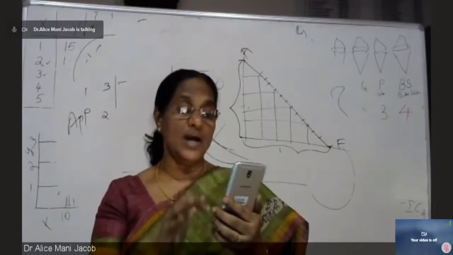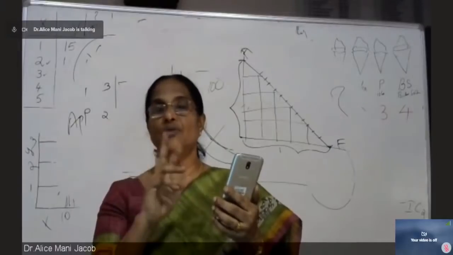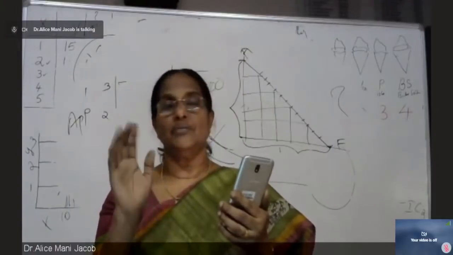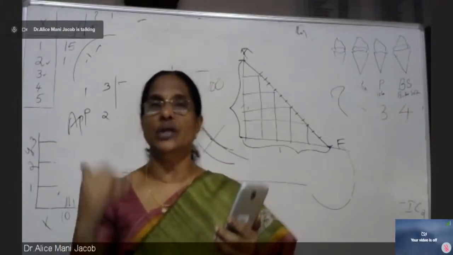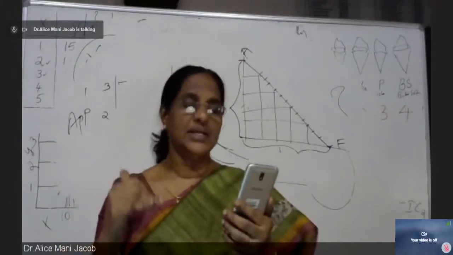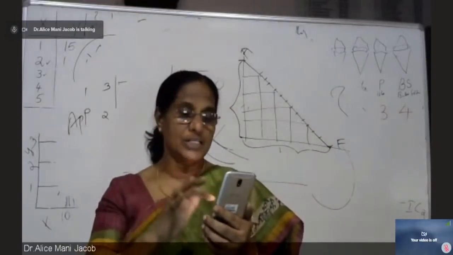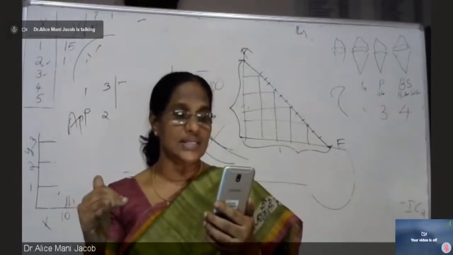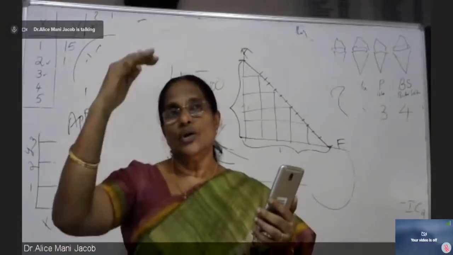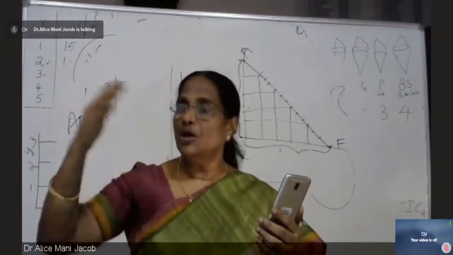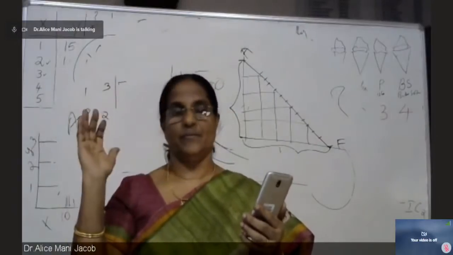MUx by MUy is the ratio. Actually, it has to be derived using mathematics, for which we don't have time. We don't teach all the derivations. For economics students who are doing BA, we teach them like that. But here, we simply say that the ratio of marginal utilities is MRS. For the time being, MUx is what you gain, MUy is what you lose.